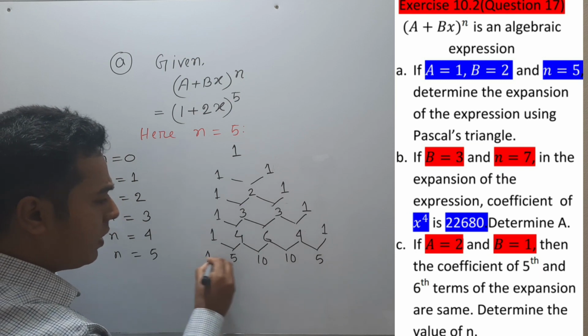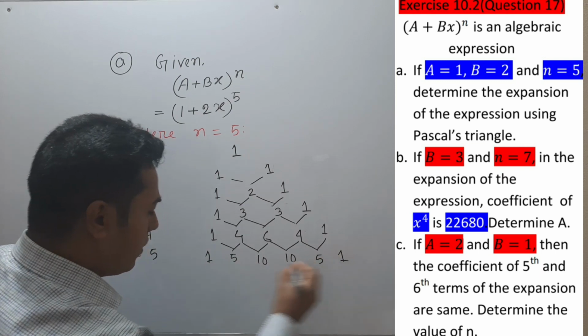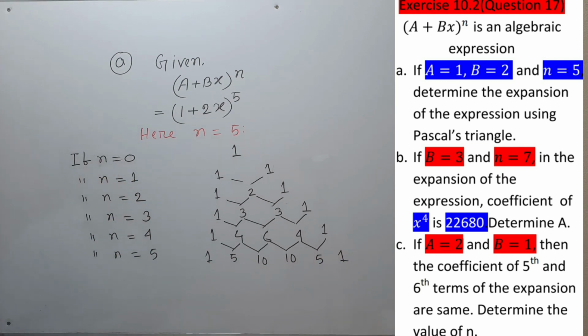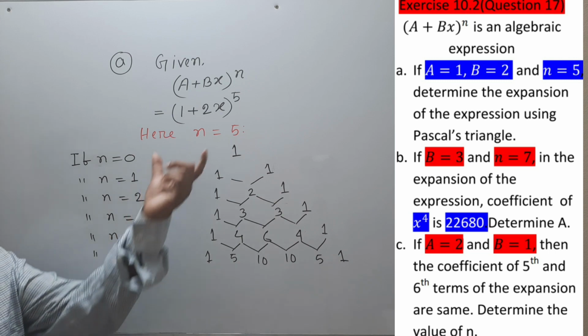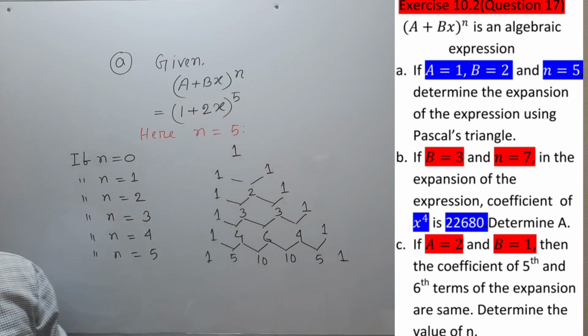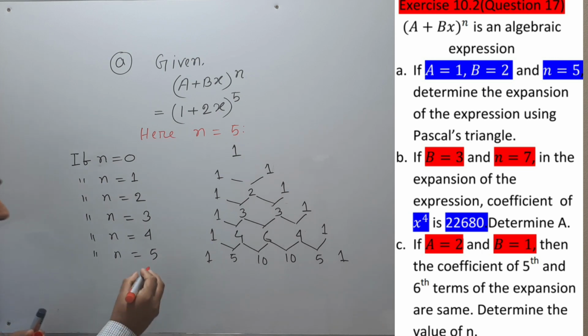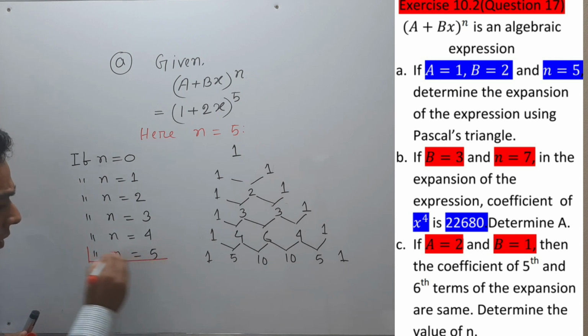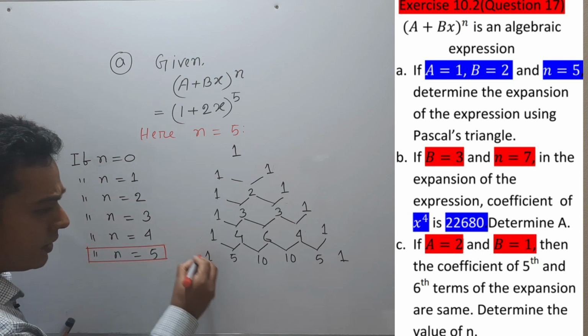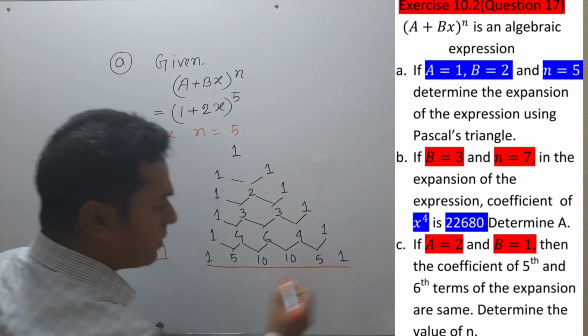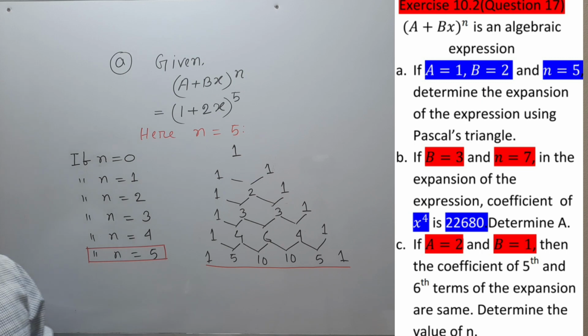This is 1 and this is 1. So already we have got the coefficients for this expansion. If n is equal to 5, then our coefficients are this.